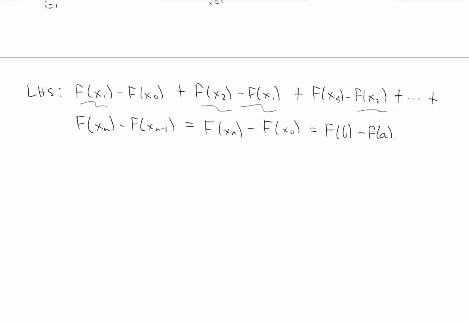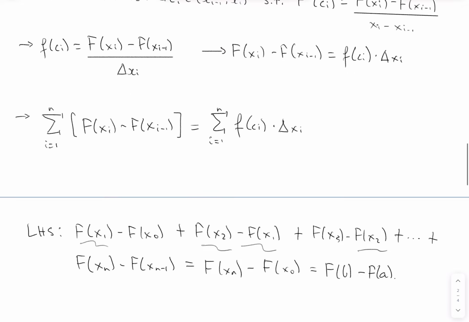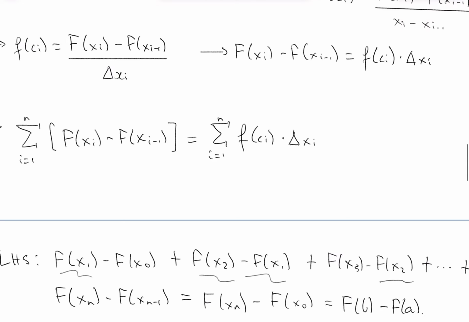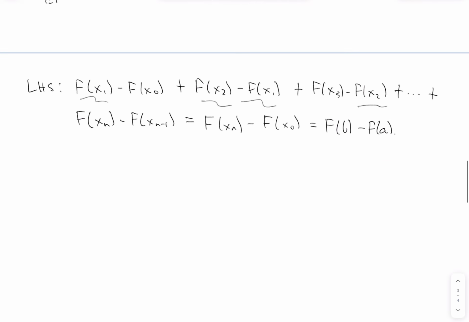So what we're doing is, if we're looking at the right-hand side, to make an integral out of this, you take Riemann sums, you shrink the change in x, and then you get the integral. So shrinking change in xi, you get that.